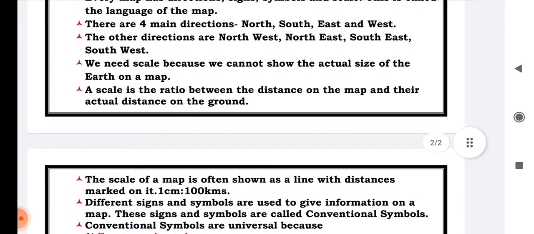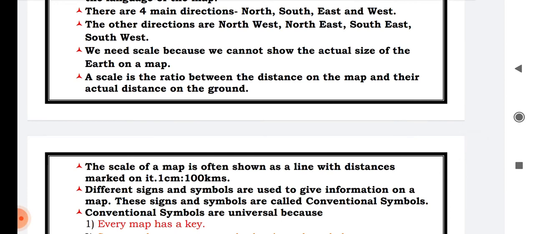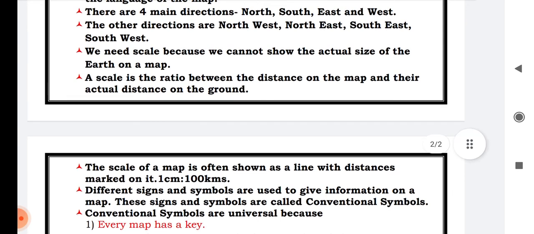And you all know that these main directions, these cardinal directions, are divided into sub-directions, or we call them intermediate directions. So what are these intermediate directions? Northwest lies between north and west.